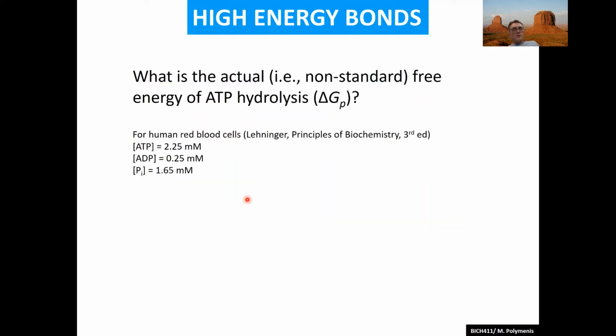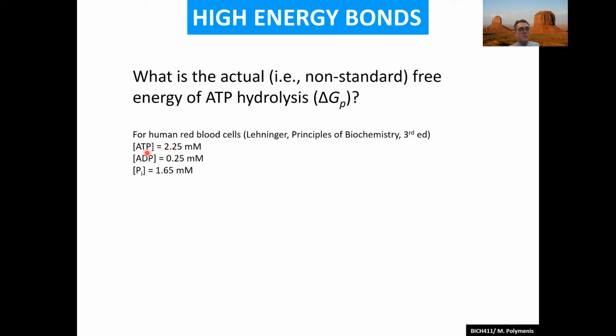So we mentioned that under standard conditions, the delta G for ATP hydrolysis is minus 7.3 kilocalories per mole. But that assumes again that everything is present at 1 molar, which just is not going to happen. In fact, the real concentrations, let's say in red blood cells, are more like this.